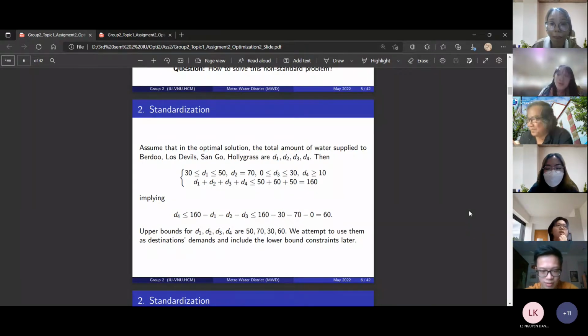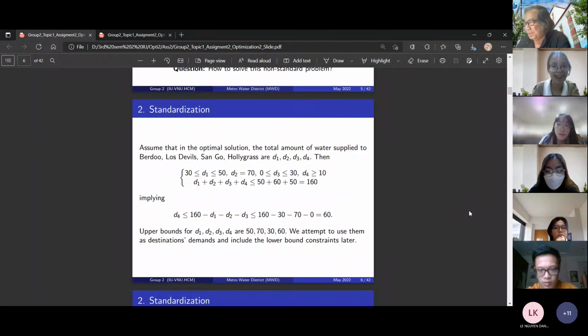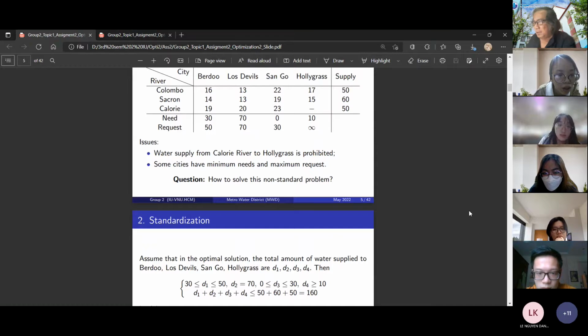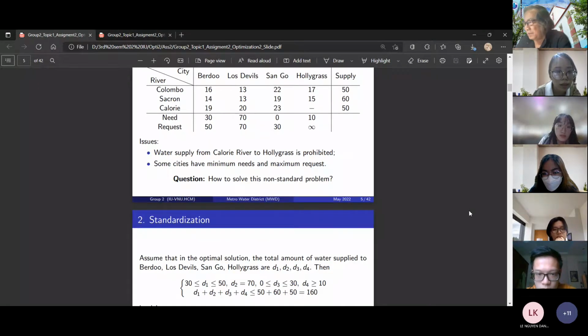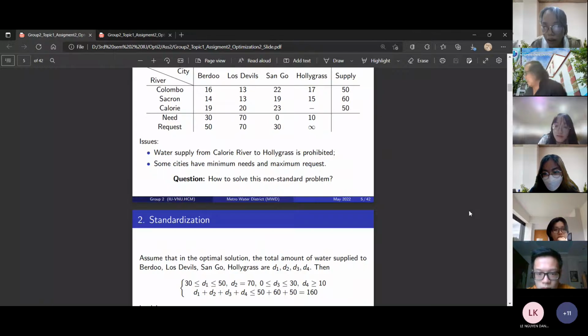Hey, Anh Thư, please come back to the previous slides and say again what is different here. You have need and request. What is need and what is request? Yes, okay. We have here the minimum needs and the request amount. The minimum need is the water supply from the river to the city.